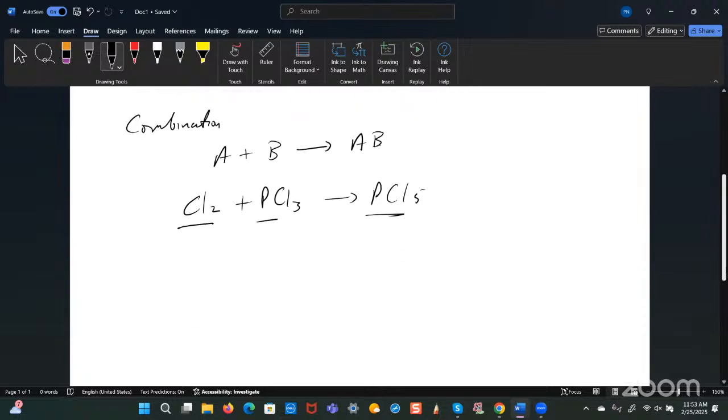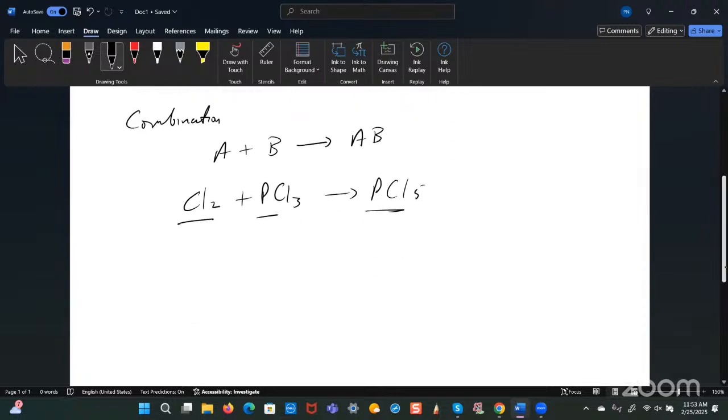And then the third type we're going to look at is single displacement. In some textbooks, they call it single replacement, same thing. So I'm just going to put replacement in parentheses, it means the same thing.